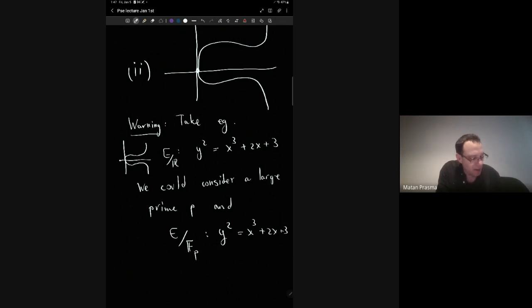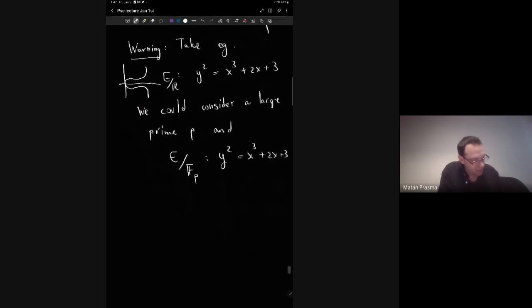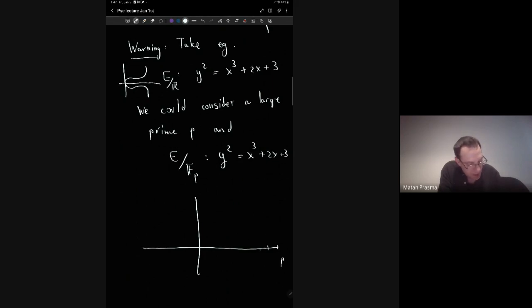And now one thing you could maybe try, of course, if P is large, is to simply plot the solution set of this equation in a discrete manner.